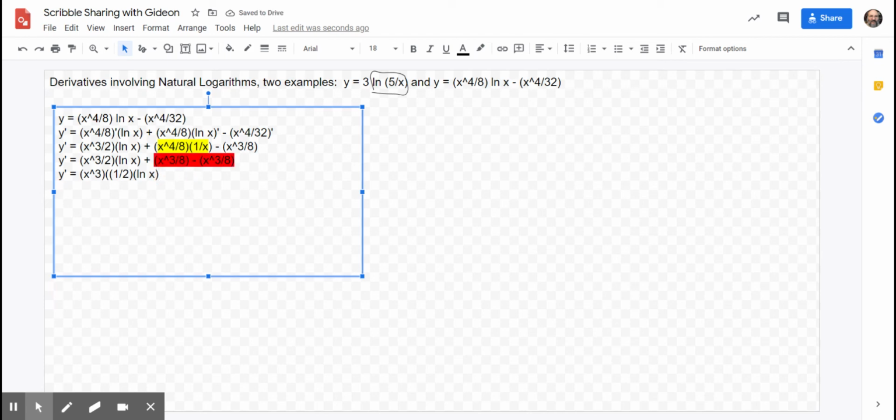I still like factoring out the x cubed because this allows me to show an alternative version of the answer. X cubed is still in the front. I'll keep it in parentheses to keep that clear. But it is possible on a multiple choice exam that they might look at the 1/2, and for some reason, they might want this expressed as the logarithm of the square root of x.